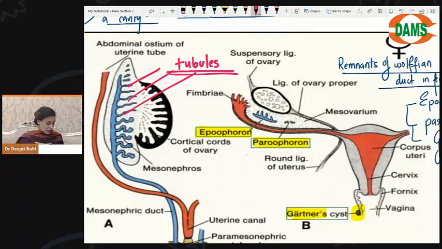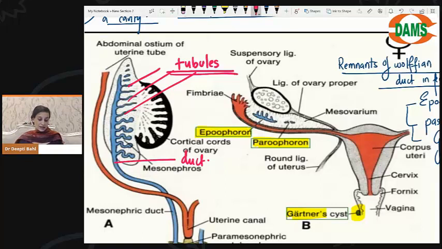These tubules are going to join with each other and form the mesonephric duct, right?